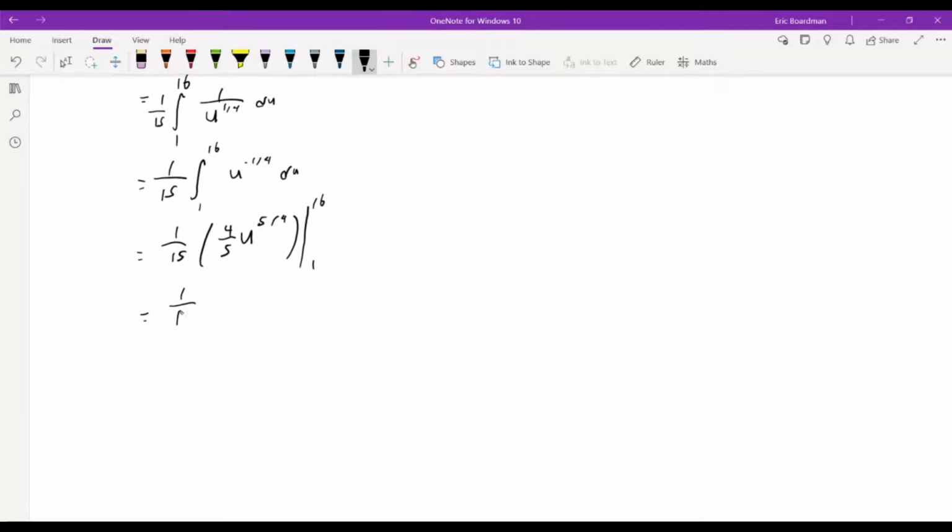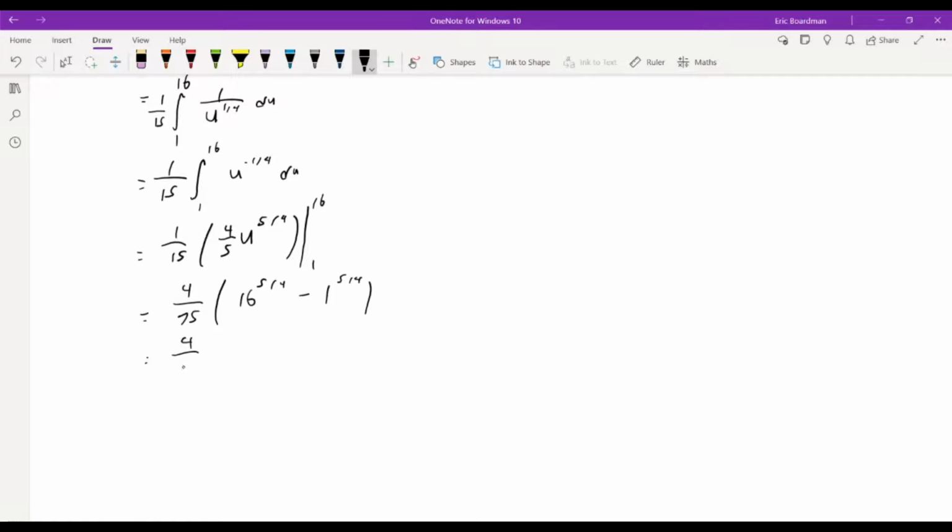So we have 1 over 15 of, I'm also going to factor out 4 over 5, so this will become 4 over 75, because 15 times 5 is 75 and 4 times 1 is 4. And this will be 16 to the power of 5/4 minus 1 to the power of 5/4.